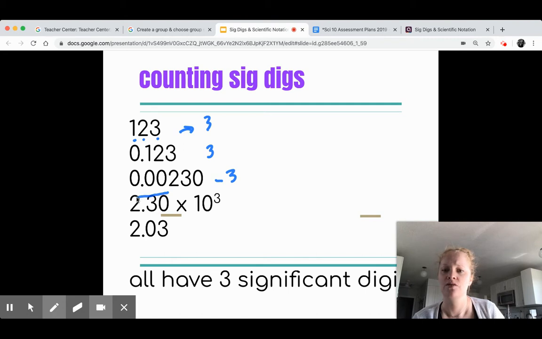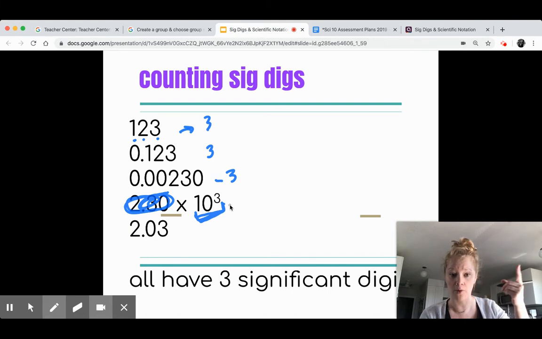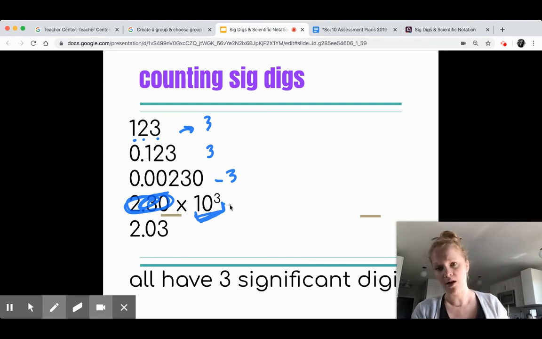Now there is 3 sig digs here. So that got a little crazy. We do not count scientific notation, which looks like times 10 to the power of 3. We do not count that as part of our significant digits. And our last one, the middle zeros do count, so this also has 3 sig digs.